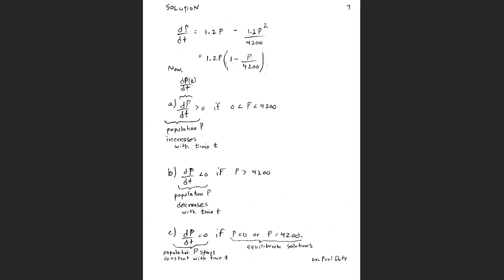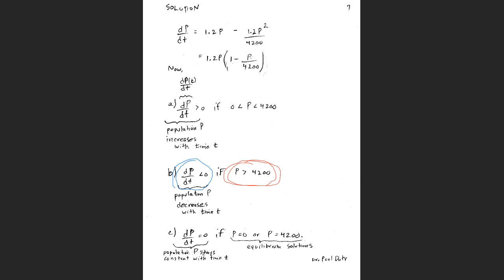We know that if our population is greater than 4,200, then the growth rate is negative, and that means the population has to decrease with time t.